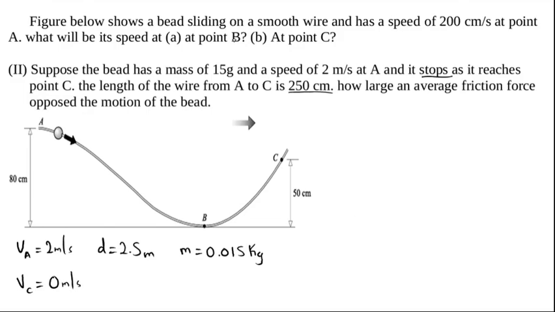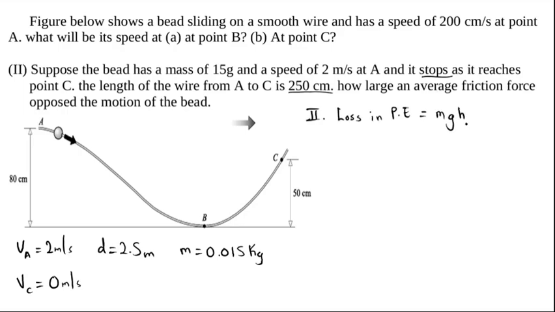So we're going to need to find the total mechanical energy lost to friction. First, we need to find the loss in potential energy. Now the loss in potential energy is mgh.